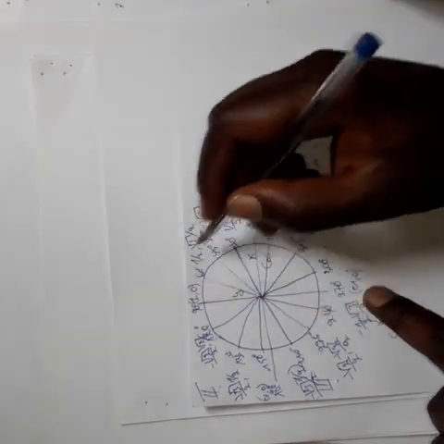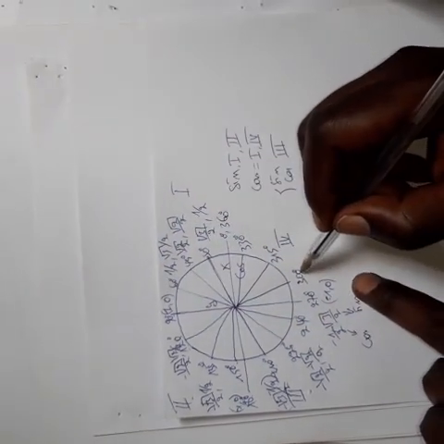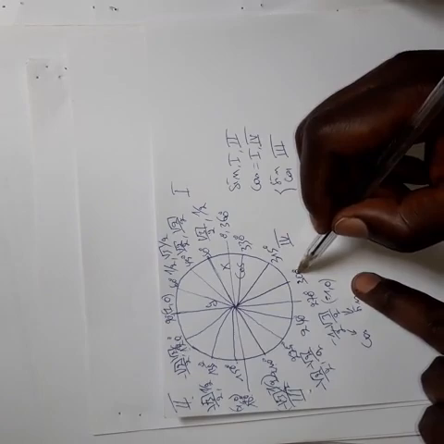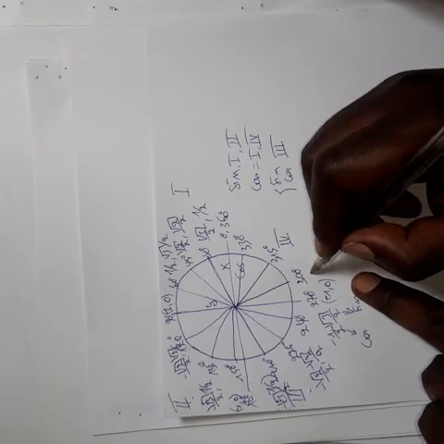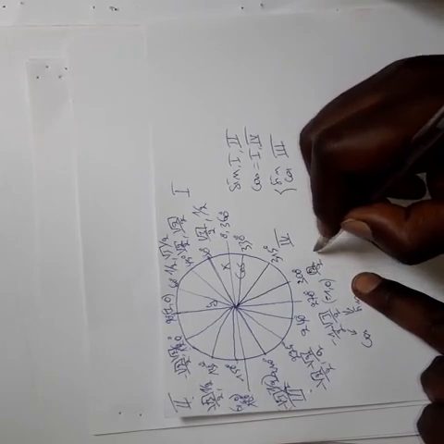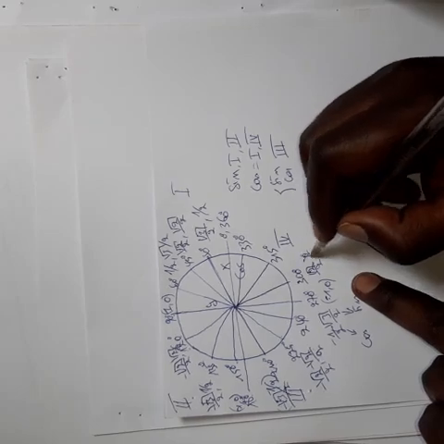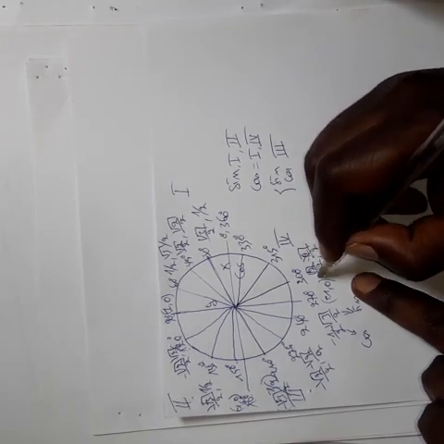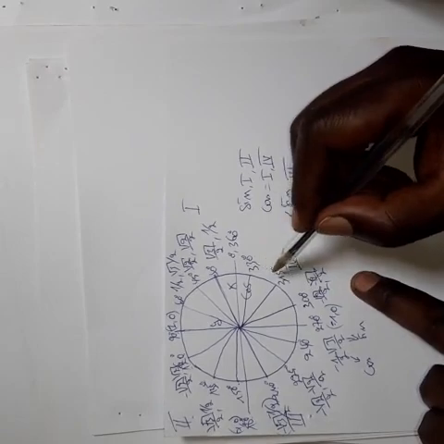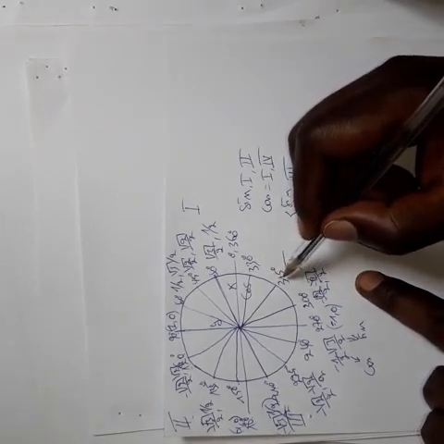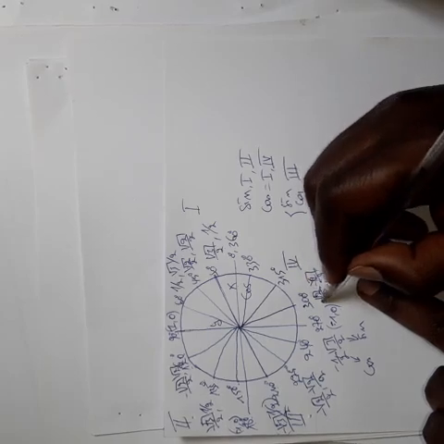Okay, 300 degrees will be root of 2 over 2 and root of 2 over 2, but negative. Okay, and here we have, but here it is positive.